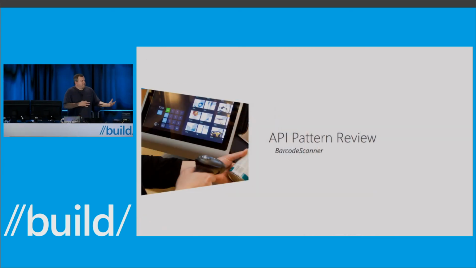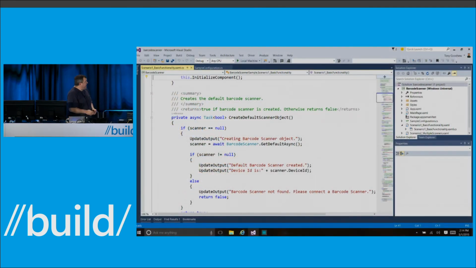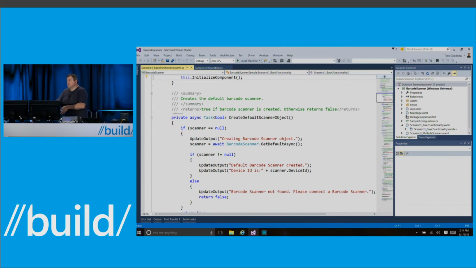So now that we've looked at that basic architecture, I want to go back to Visual Studio and give you a little look at the common API pattern that we have across the APIs for barcode scanner, mag stripe reader, POS printer, and cash drawer.